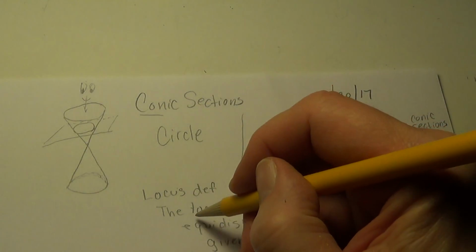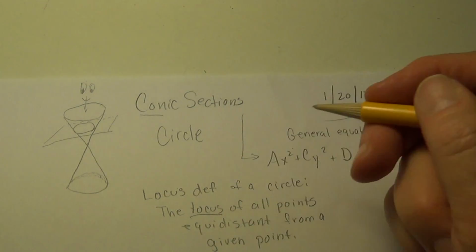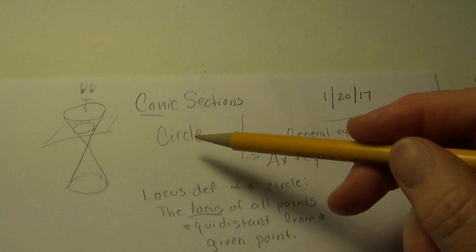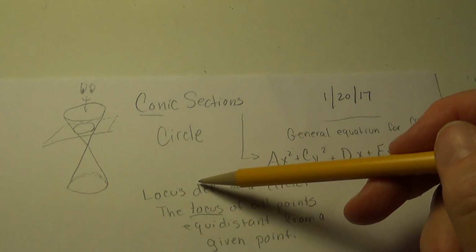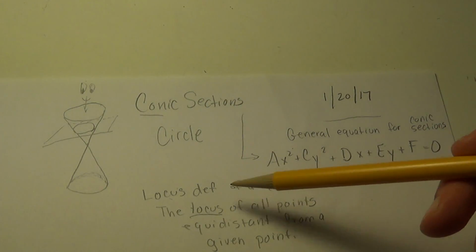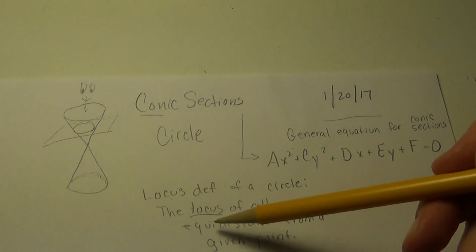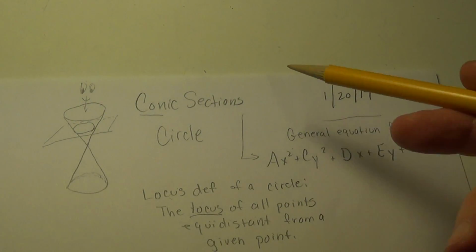So the word locus is the mathematical term for location. So when I say the locus definition, I'm talking about the location of the various points. So this means the location of all points equidistant. Equidistant is the same distance from a given point.